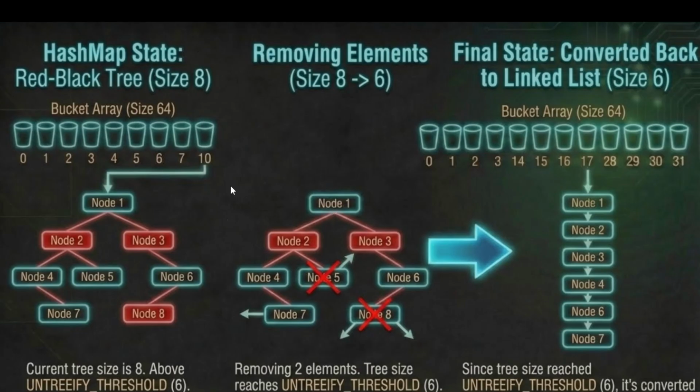That's what I'm explaining here. So a few nodes I'll be deleting and it is converting back to linked list. Current size is 8, and removing two elements it will become a linked list.